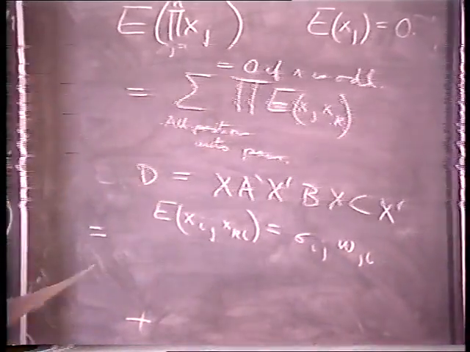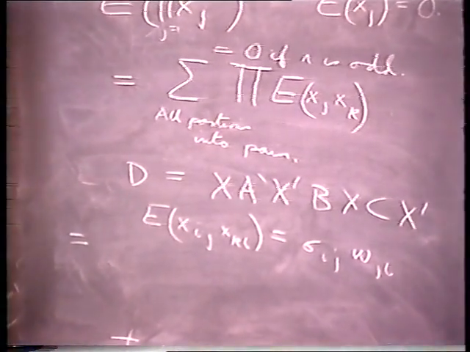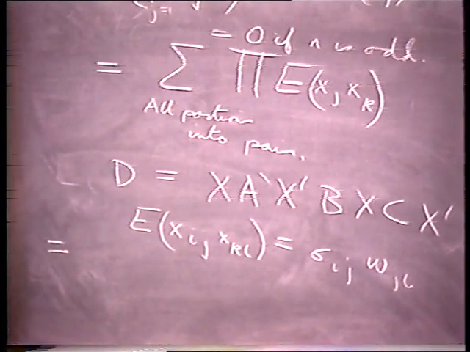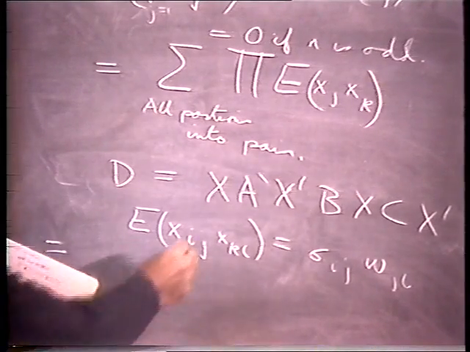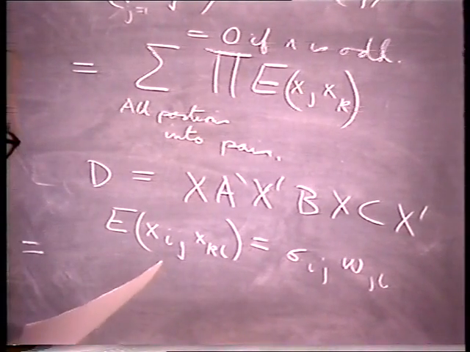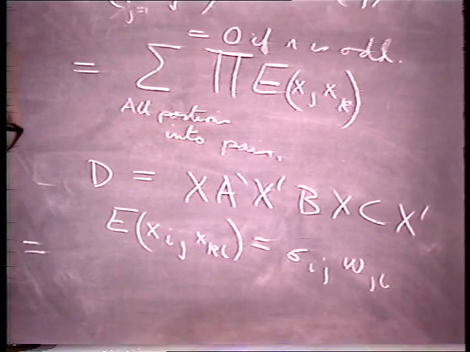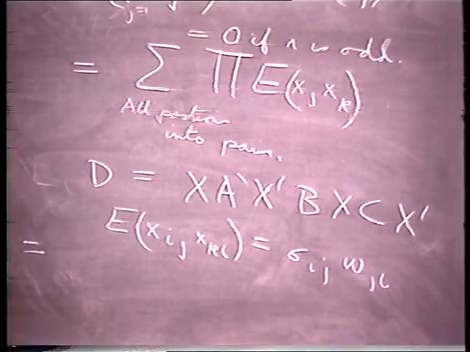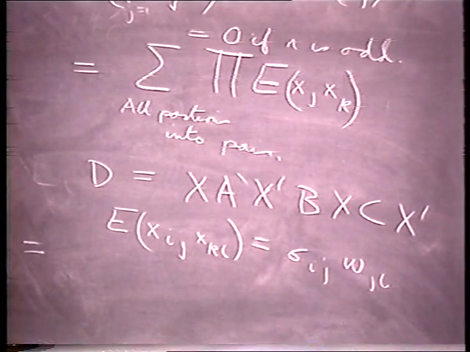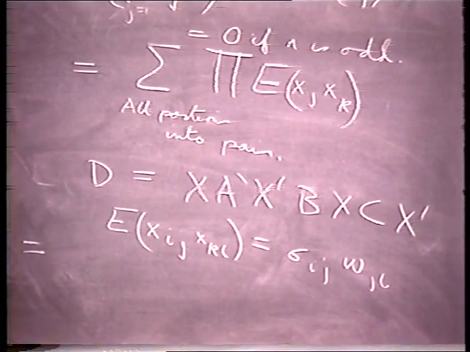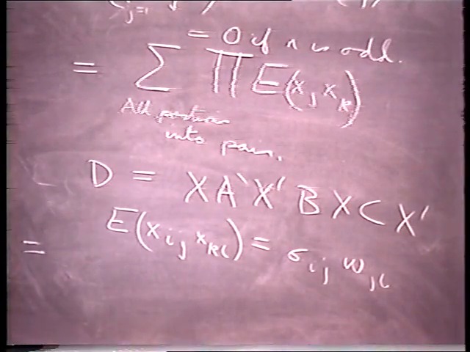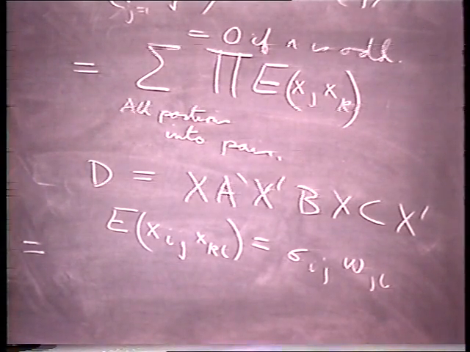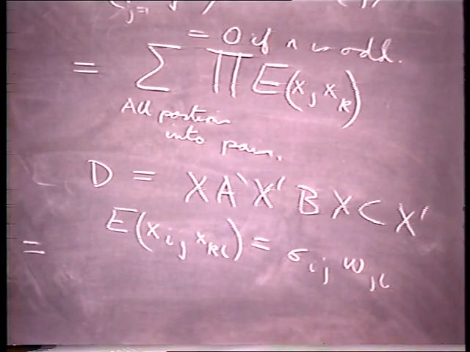So X is a second moment of the data matrix, where i, for example, might be the number of the variable and j might be the time period, and then you're making some kind of assumption that you have serial independence, for example, so that the result comes out as a product of this kind.